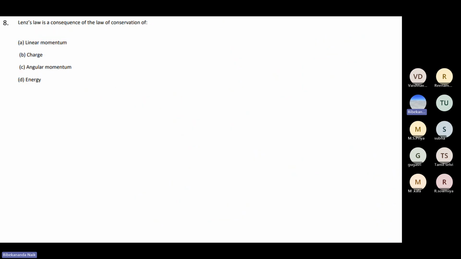Now, question number 8. The question says, Lenz's law is a consequence of the law of conservation of what? We have already discussed it many times. Lenz's law is in accordance with the conservation of energy, because according to the law of conservation of energy, the total energy of the system remains the same.